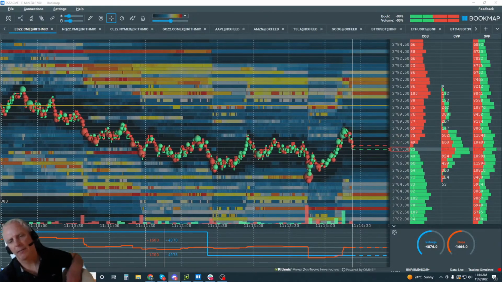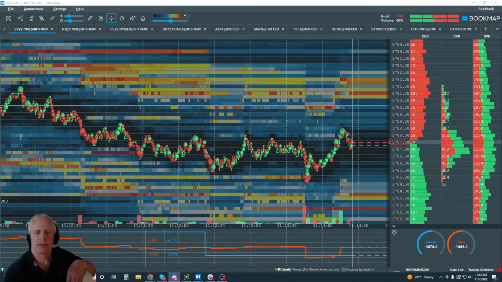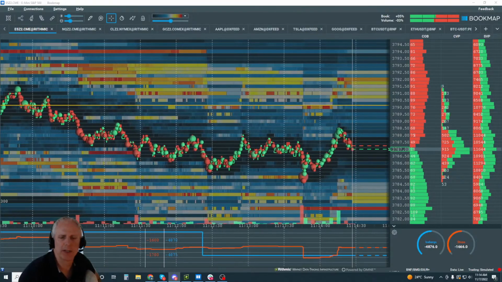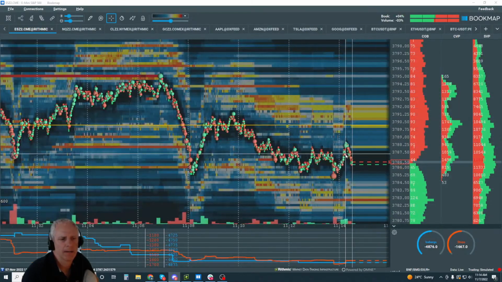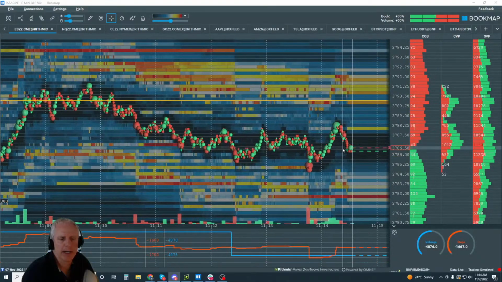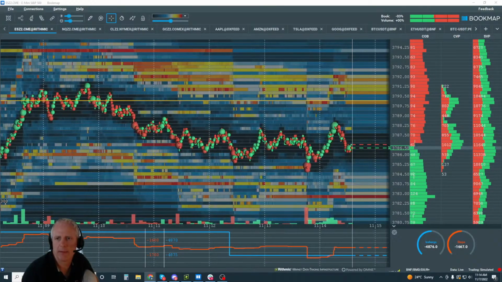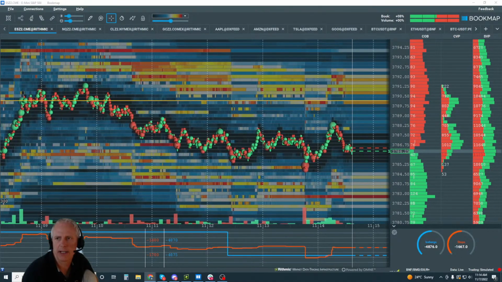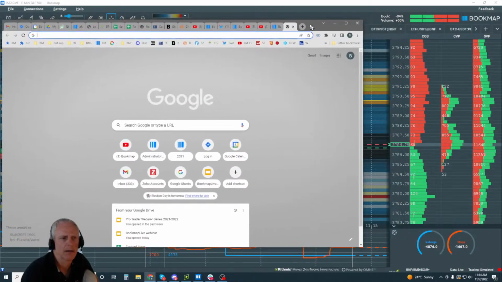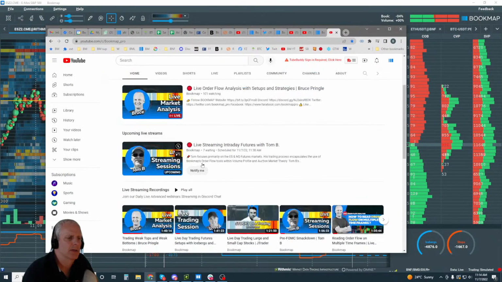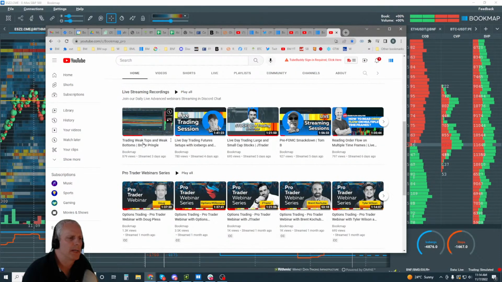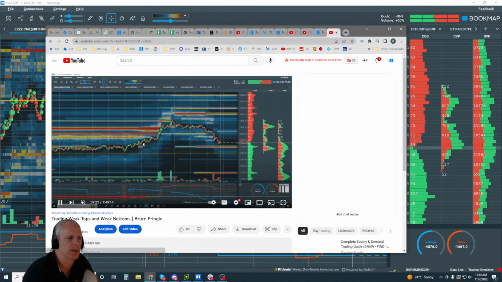Rob, don't be dissuaded by this. Just simple reads in here, and then take it further. Take this one here that we had last Friday, and get good at this: weak tops and weak bottoms in here.